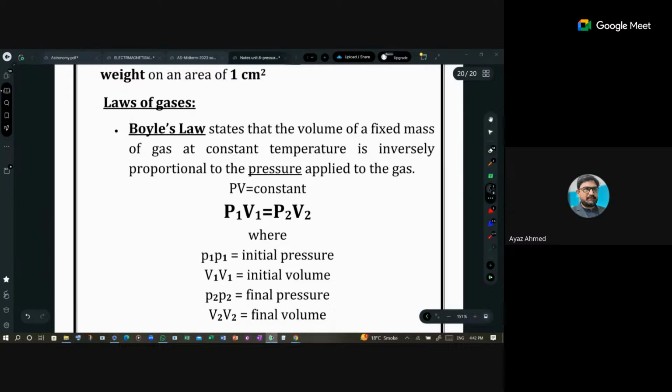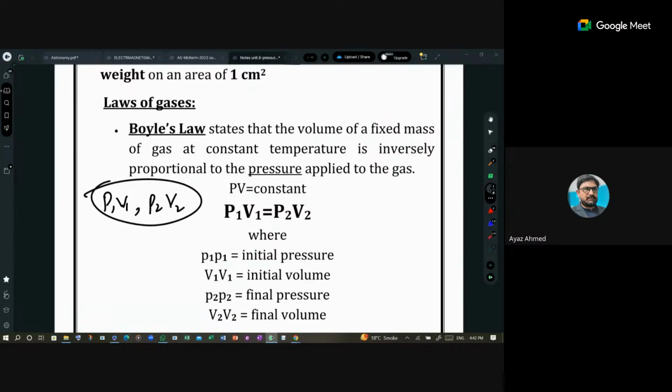If P1 V1 is the pressure and volume in condition one, and P2 V2 is the pressure and volume in state two, then P1 V1 equals P2 V2. In this case you can calculate different quantities for the pressure of the gas.